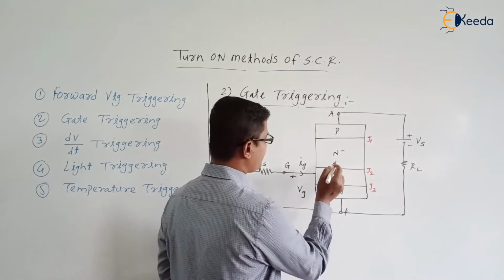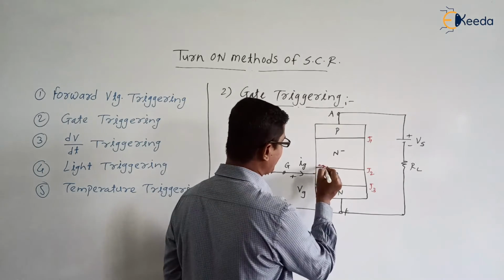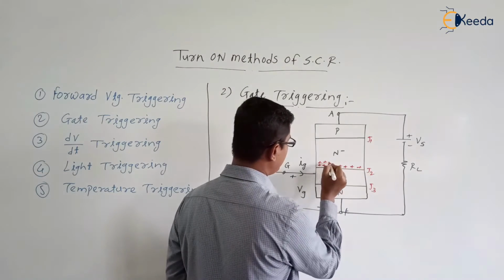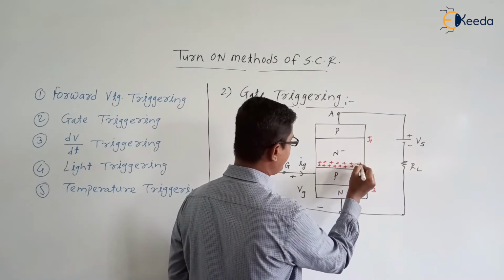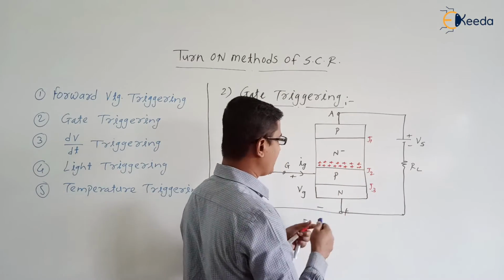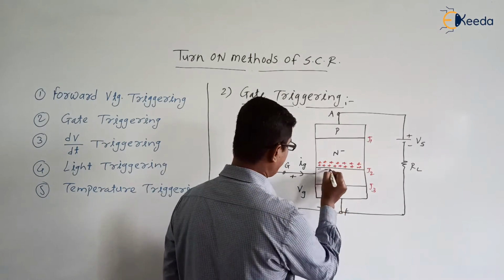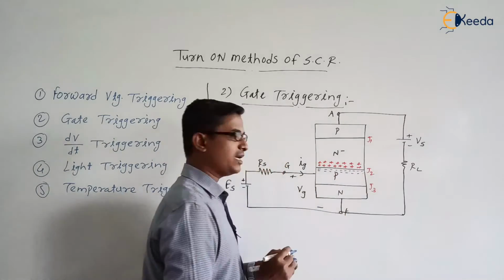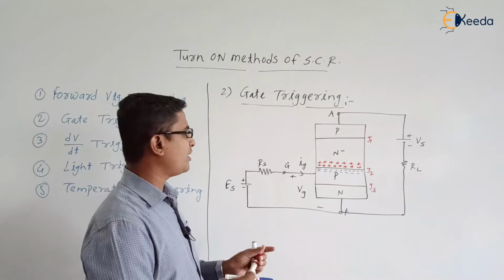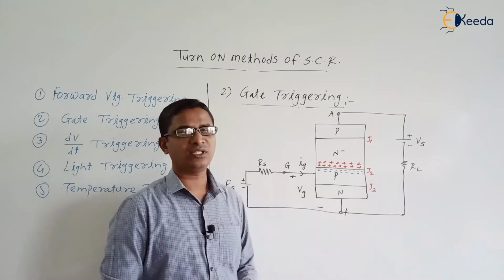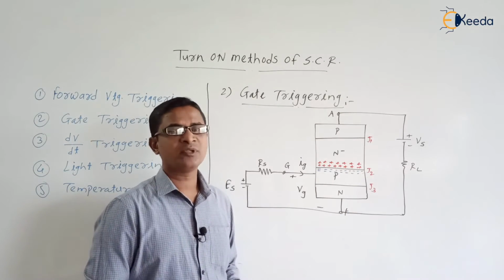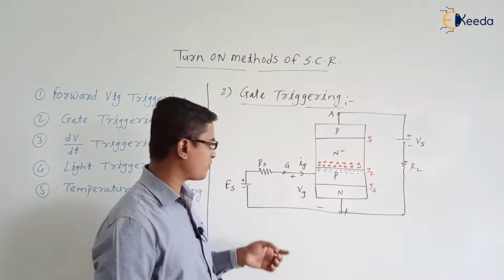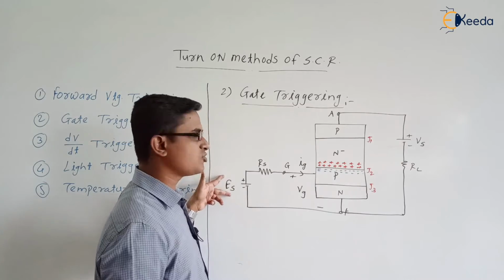At the n minus side we have a layer of positive charges across junction J2, and at the p side we have a layer of negative charges. Now, in order to put junction J2 in forward bias mode, we have connected the external source ES.